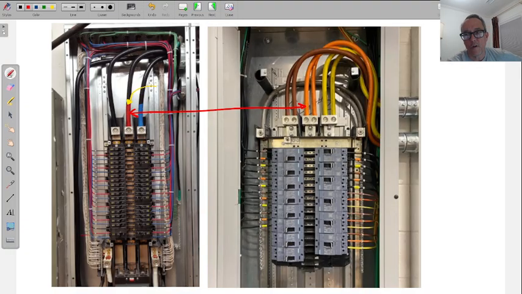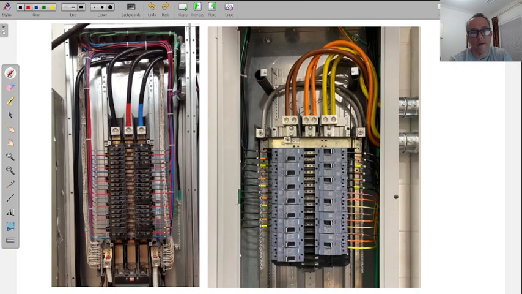Some states use orange. New York used purple. The code doesn't really tell you what color you have to use, but some kind of identification. And once it is established, then it's that for the whole building. So once we establish that we're going to use purple for the high leg, then that becomes the high leg for the whole building. So one, that's how I know this isn't a high leg.